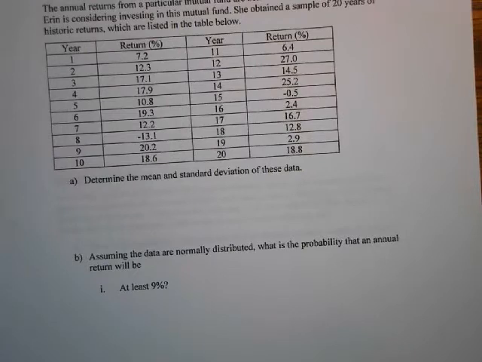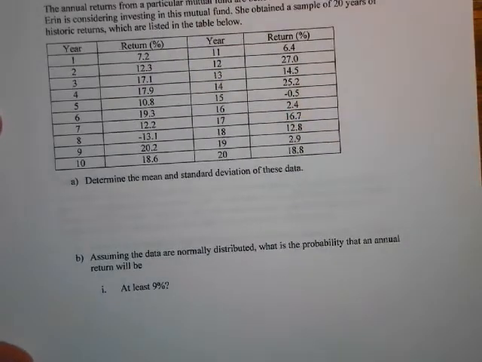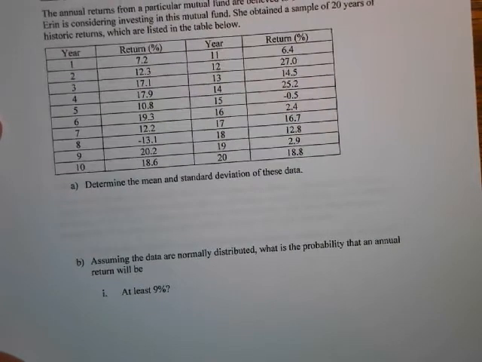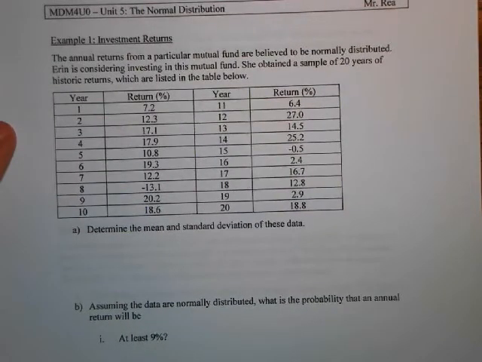Okay, now the first example here, we're kind of looking at investment returns. So this is a sample of investment returns, and we're just going to show how we can use a collection of sample data, and we can actually assume that it's distributed normally as well if the population data was also.